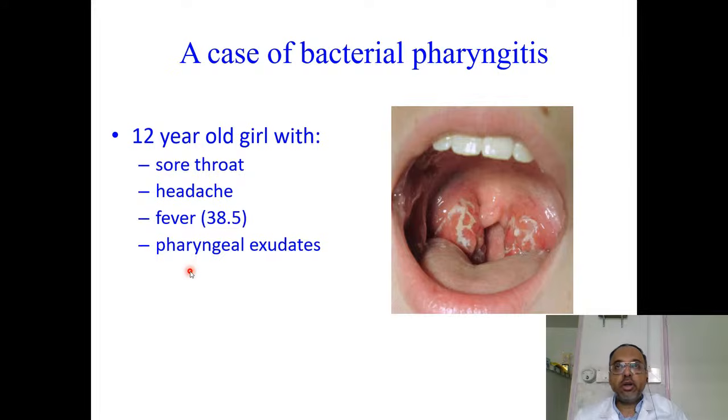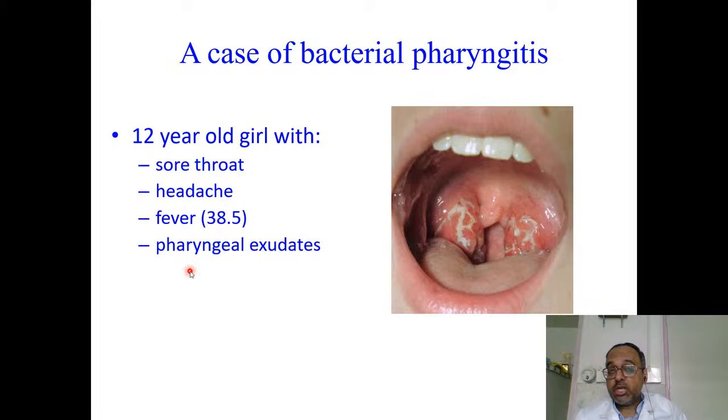If it's a viral pharyngitis, we usually don't need a special treatment. It's basically symptomatic treatment, controlling fever or other symptoms like mucosal irritation. We use antihistamines and things like that. But if it's a bacterial pharyngitis, we need to treat it with antibiotics.